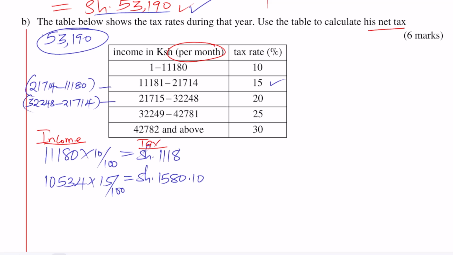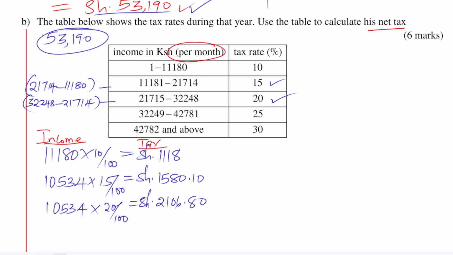The amount you get will be 10,534, just like the previous one. 10,534 times 20% will give 2,106 and 80 cents.